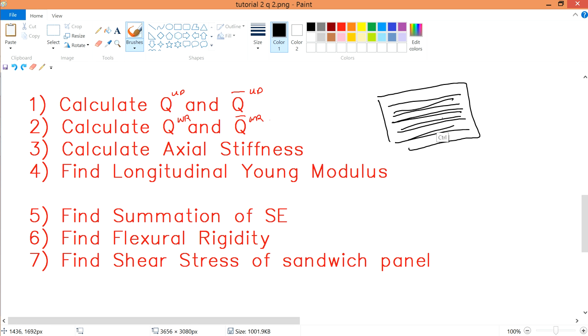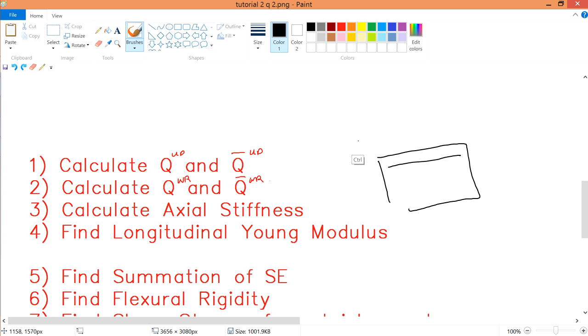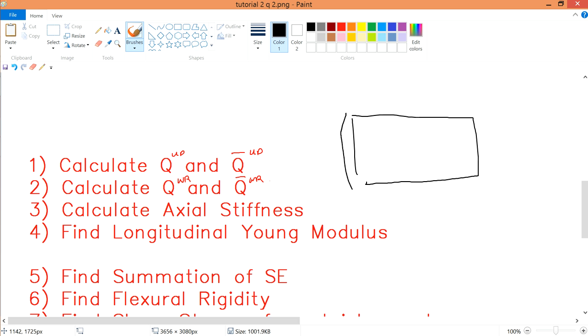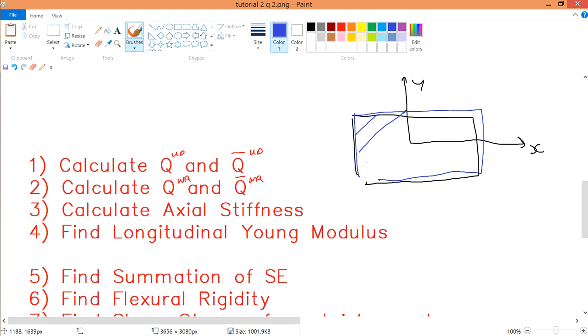However, a recap: this is your overall material, including your core, your faces, everything together. This axis is the global axis, x and y. The QUD you're calculating is for a stack on top of this, at a certain plus minus 45 degrees.